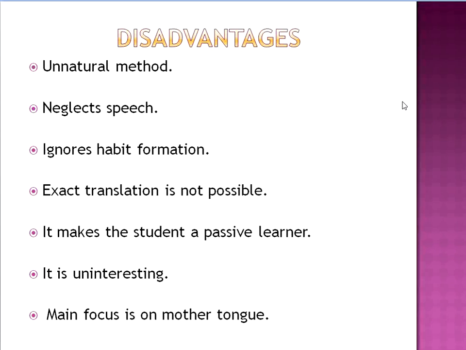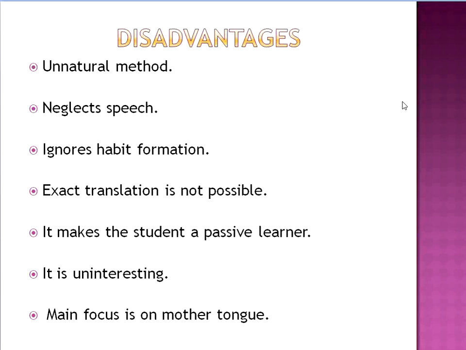So while the teacher is concentrating on the mother tongue, students will have to concentrate on the mother tongue only. They will not get any scope or platform to work on the target language, English. Getting the point? So automatically what will happen? They are deprived of habit formation regarding the English language. So from that particular point of view, we can say it ignores habit formation. What is the next one?